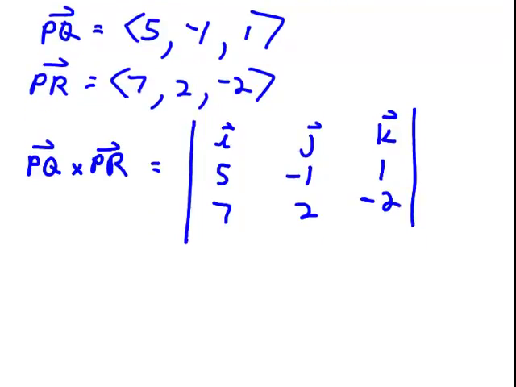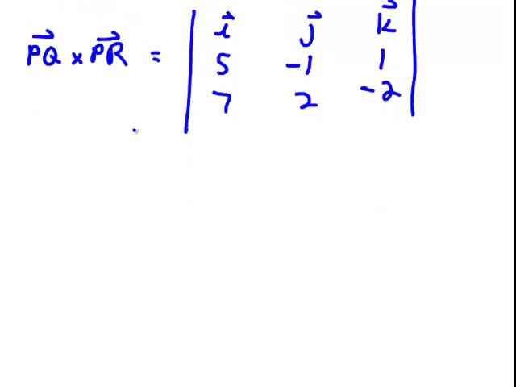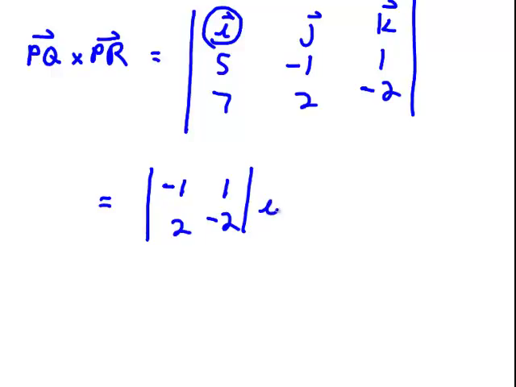So for the i component, remember, cross out the corresponding row and corresponding column, and you'll get the submatrix -1, 1, 2, -2, which you take the determinant of to get the first component.